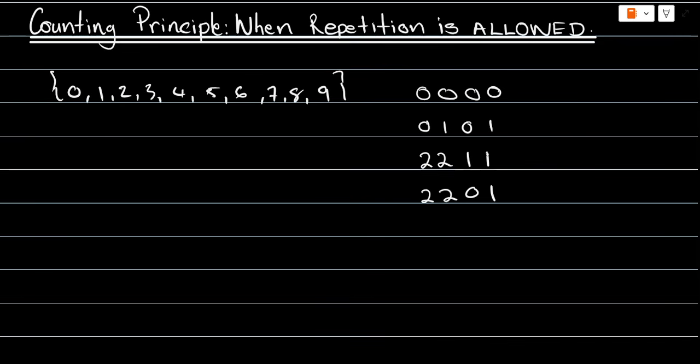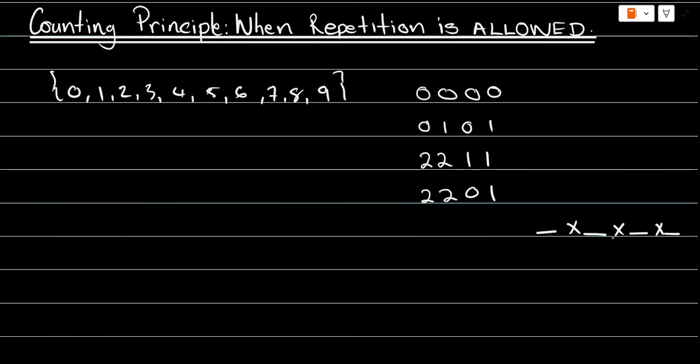Now, how can we apply this when we are using the counting principle? Let's remember what the counting principle says. The counting principle says the number of ways in which you can perform task 1 times the number of ways you can perform task 2 times the number of ways of performing task 3 times the number of ways of performing task 4.